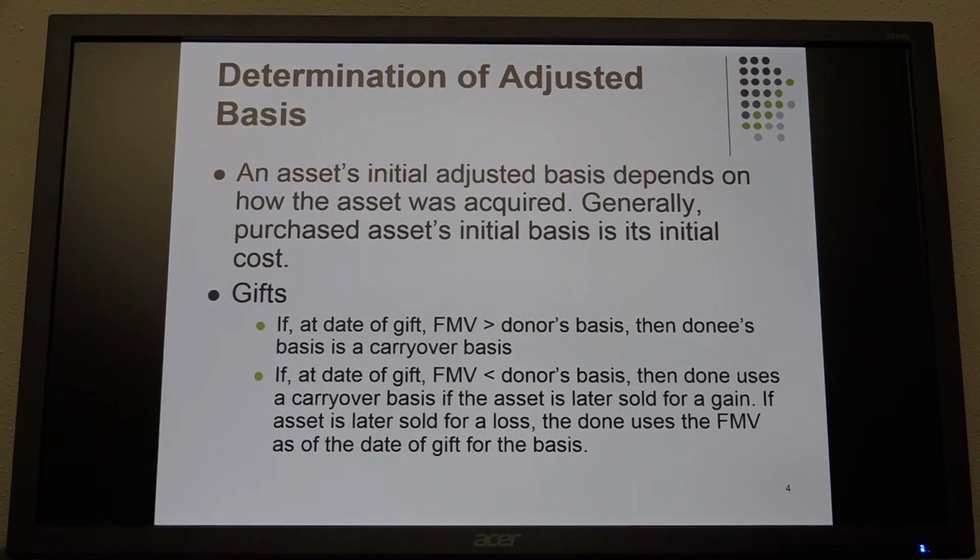So you've got two types of bases. Depends on what it's sold for later. If the fair market value is less than the donor's basis, then you've got this two-tiered approach you've got to use when you dispose of the asset later.